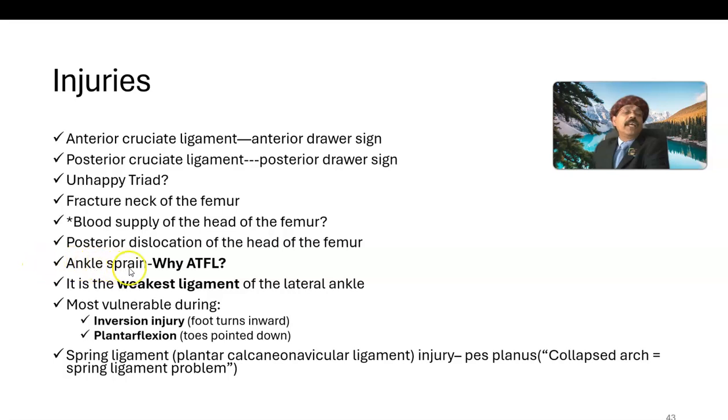In ankle sprain, what happens? This is a very strong inversion plus plantar flexion condition that may damage the anterior talofibular ligament. Most commonly injured ligament in ankle sprain is the anterior talofibular ligament, because this is the weakest ligament of the lateral ankle.